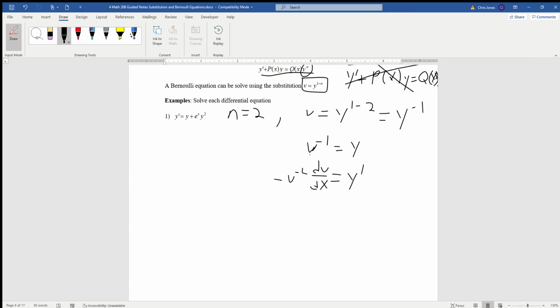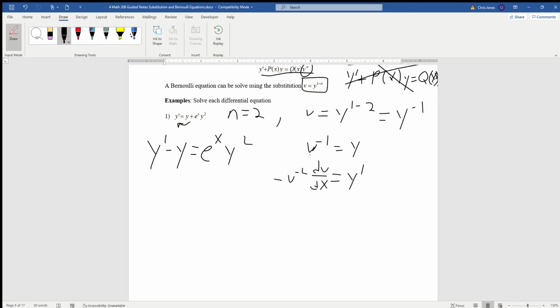So let's do this substitution and see what happens. We want to put it into the form of a Bernoulli equation, which means we have to move the y in the original equation to the left-hand side. So y prime minus y equals e to the x y squared.